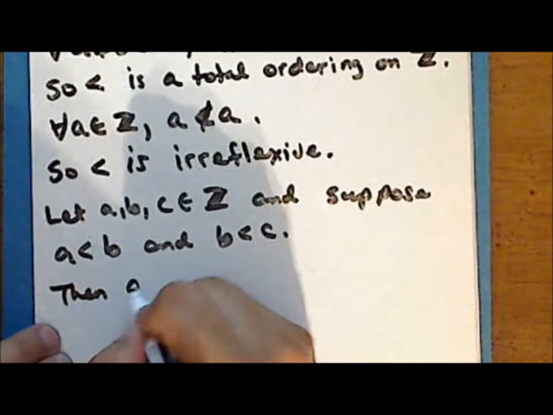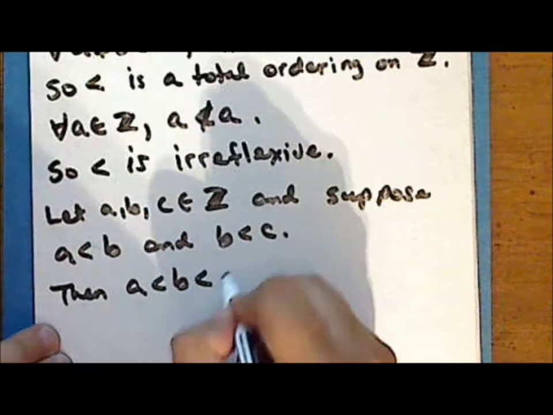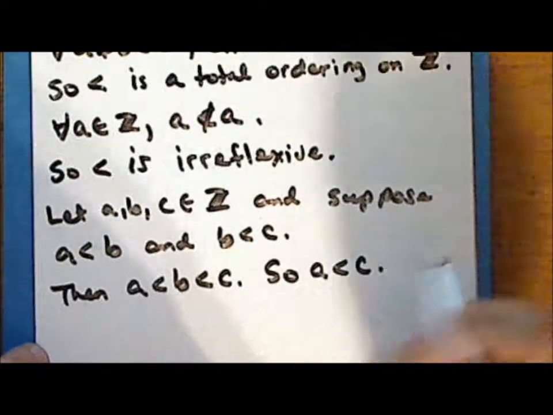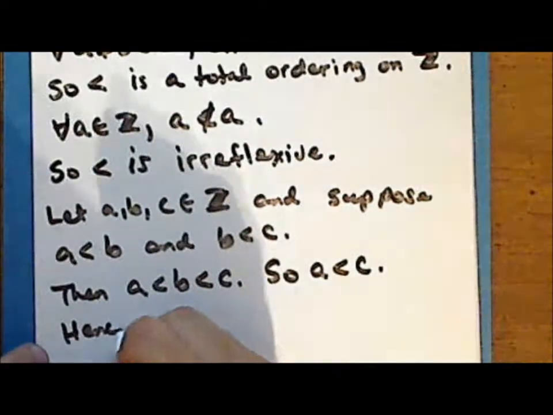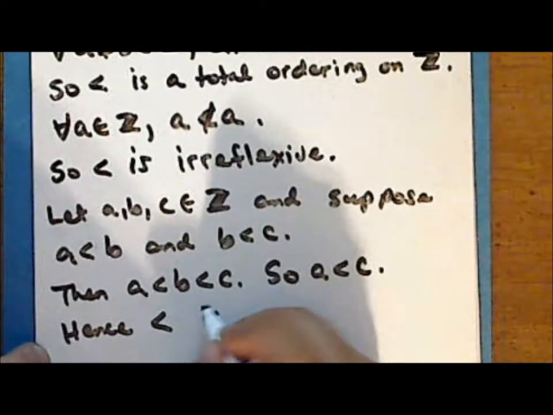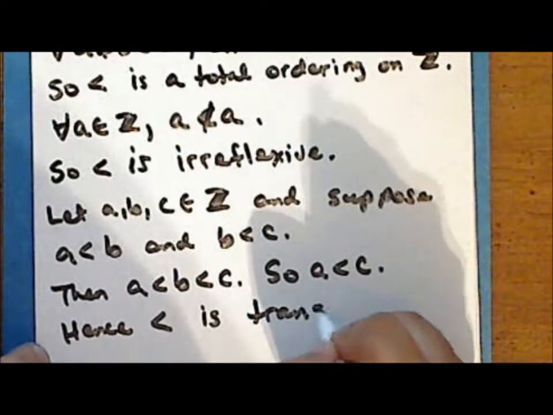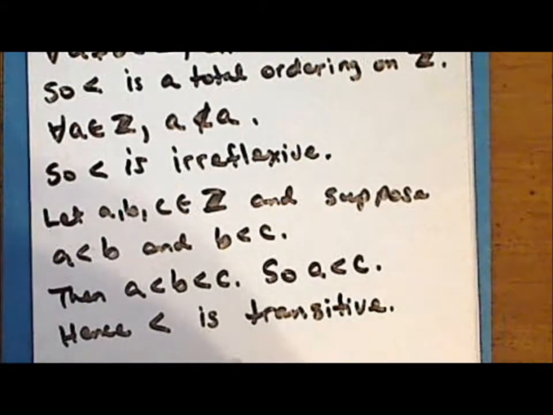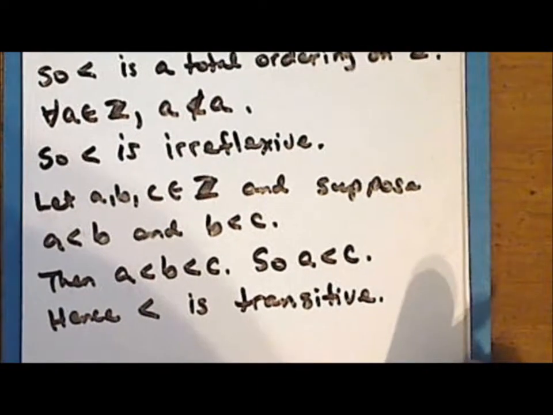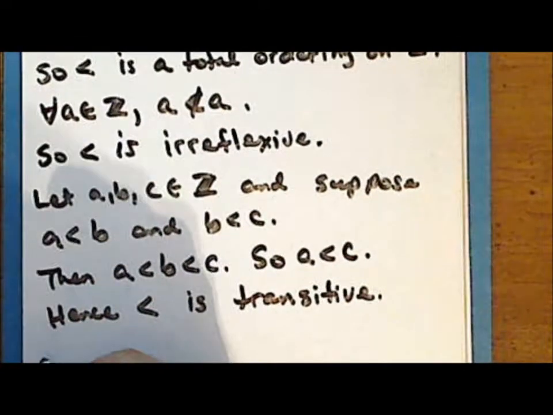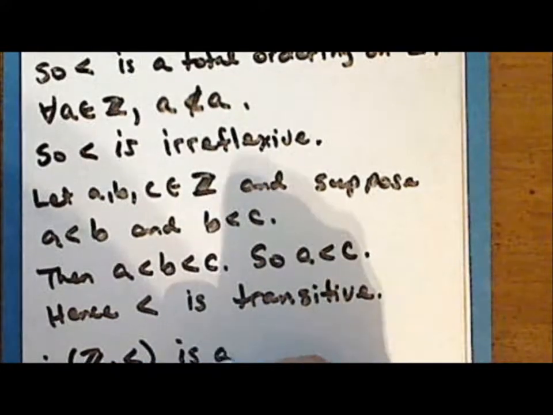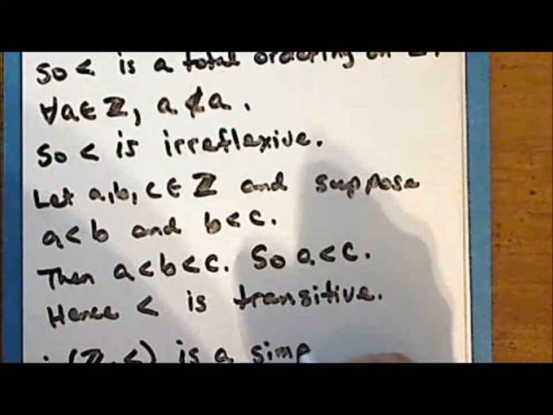Then a is less than b, which in turn is less than c, and so a is less than c, and hence the relation less than is transitive. And so the relation less than is a total ordering on the set of integers that is irreflexive and transitive, and therefore the set of integers together with the relation less than is a simply ordered set.